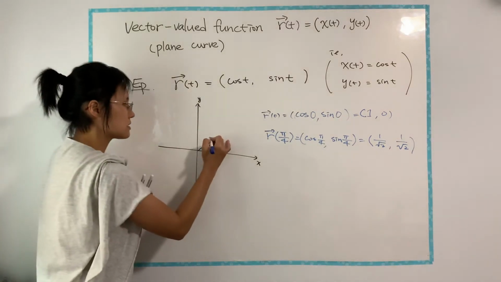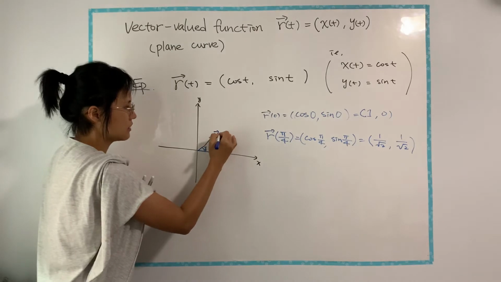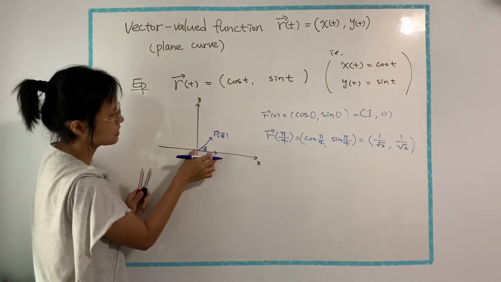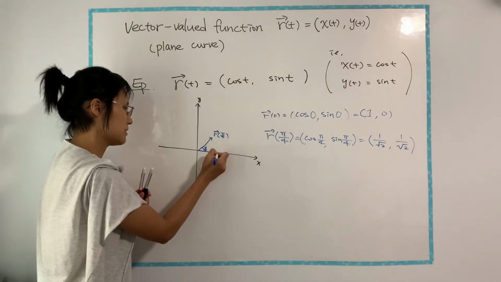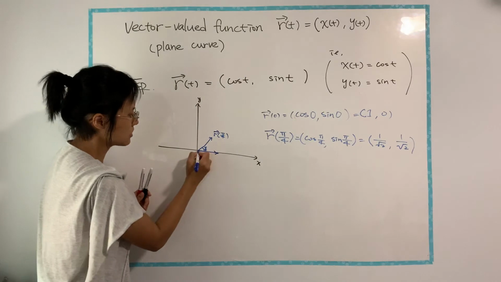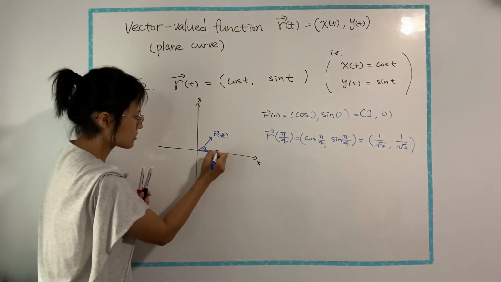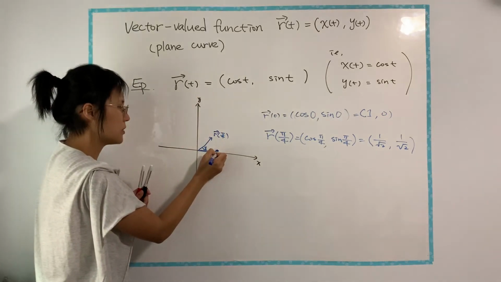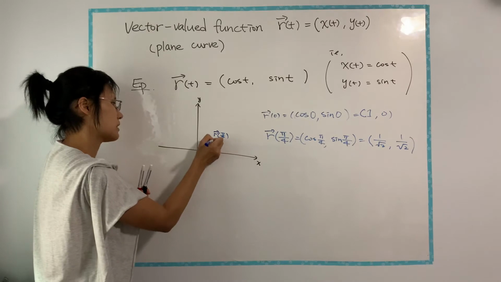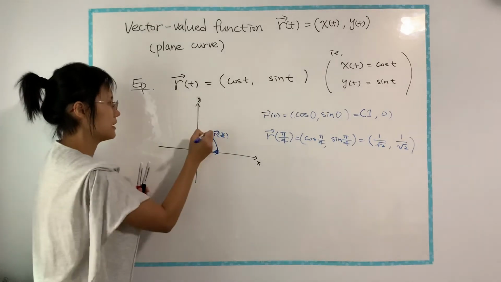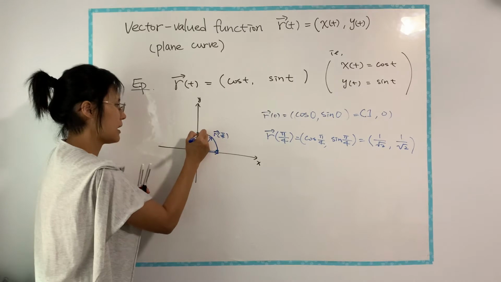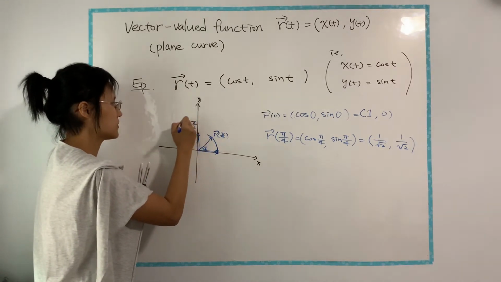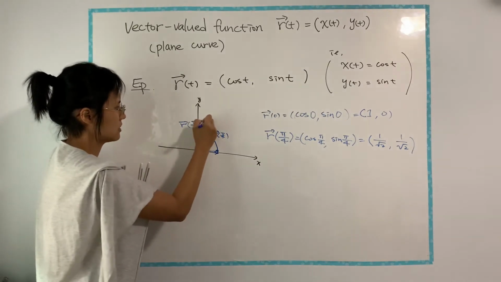So this vector is my r of pi over 4, but it doesn't just jump from here to here. It moves according to t. So t equal to 0 is here, t equal to a little bit larger than 0 is here. If you think of this as an animation, the tip of the arrow travels like that. And pi over 2 gives you this vector 0, 1.